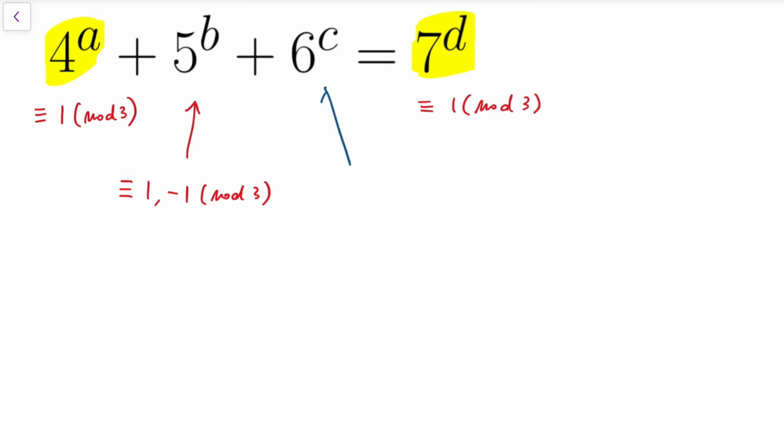Whereas for this term, 6 to the power c, if the index is 0, then 6 to the power 0 is 1, so it's congruent to 1 mod 3. But otherwise, since 6 is a multiple of 3, if the power is positive, then the value will be congruent to 0 mod 3.